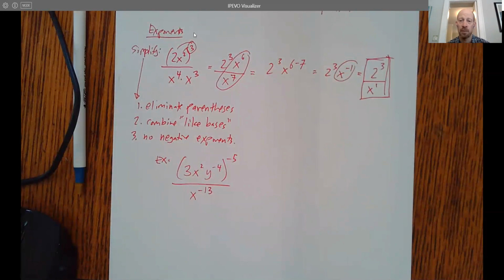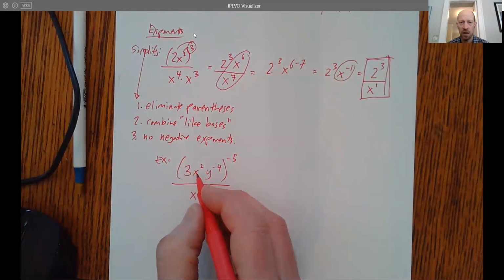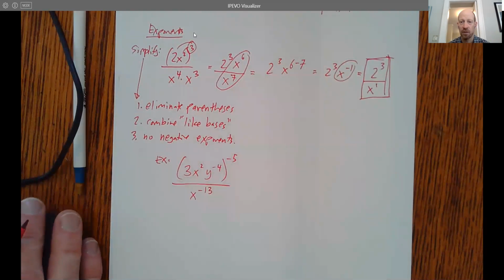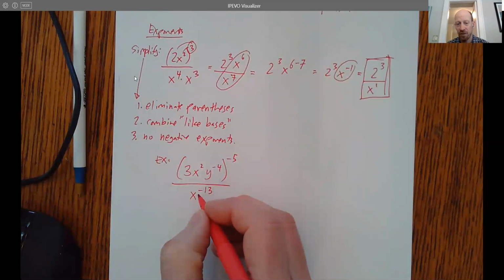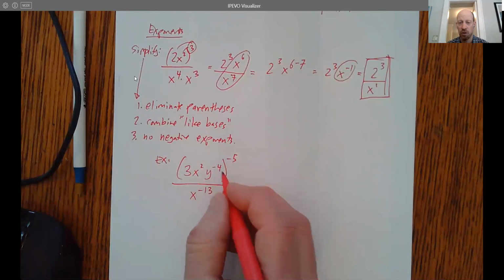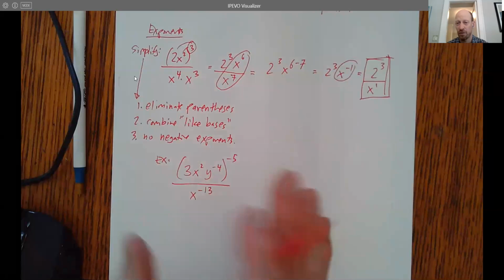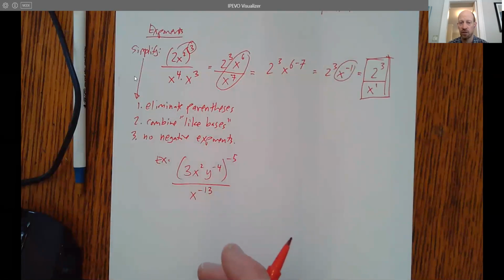It's a related problem for sure. So when I look at that, I take a minute to make sure I'm seeing it the right way. I see a base of 3, a base of x, a base of y, and another base of x. I see some negative exponents, and I see some parentheses. So I've got to deal with all of those things.